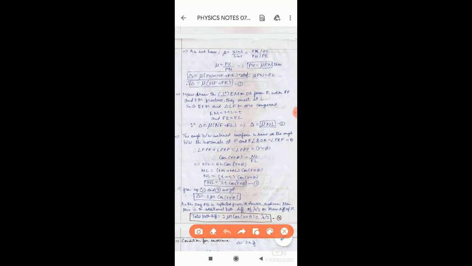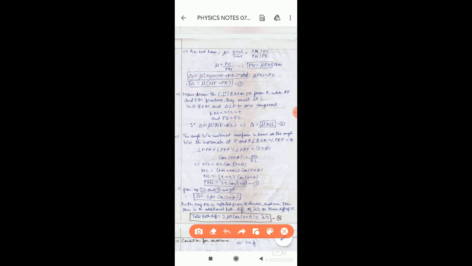The value of sin i is PK upon PF and the value of sin r is PN upon PF. So mu equals PK upon PN, so PK equals mu PN. Now the effective path difference can be written as mu PN plus mu NF plus mu FE minus mu PN. Put the value, you get the result: path difference equals mu (NF plus FE), equation number 1.